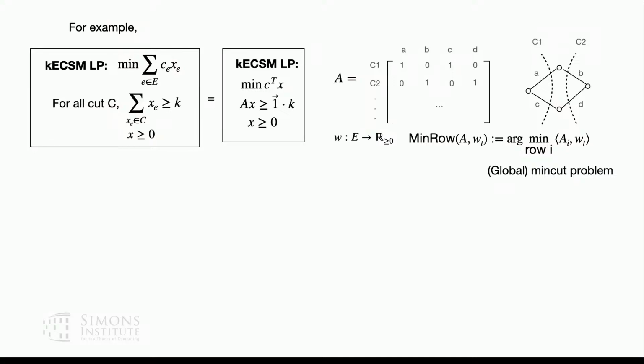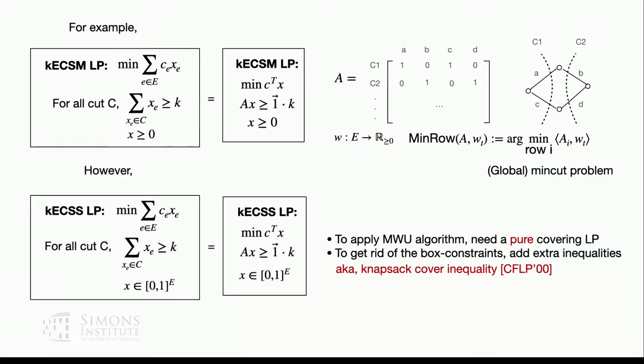For example, in the cut incidence matrix, C1 represents one cut, and it is incident on certain edges, and so on. The min row problem is the following: I give you a weight function on each edge, and then ask for a minimizing row, which corresponds to the min cut problem. So basically, if you look at this LP in the format of the min row problem, the oracle problem here is the classic global min cut problem.